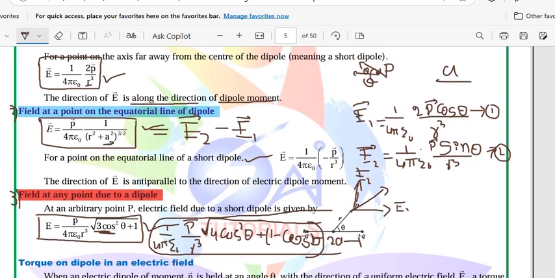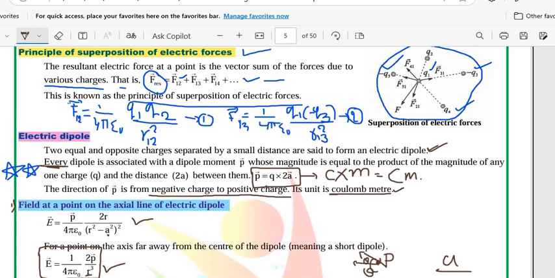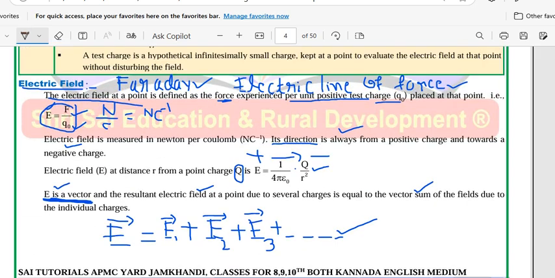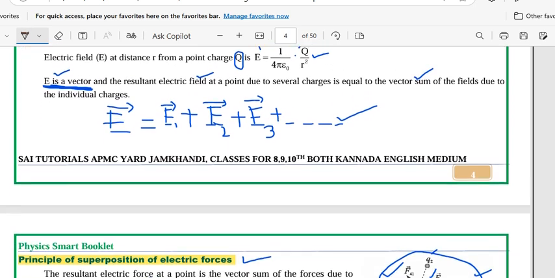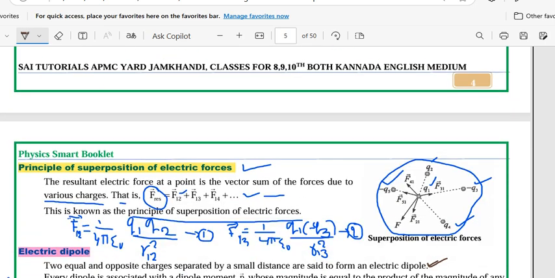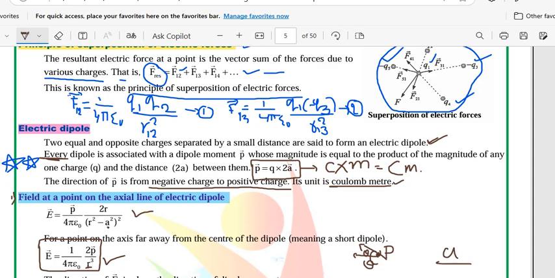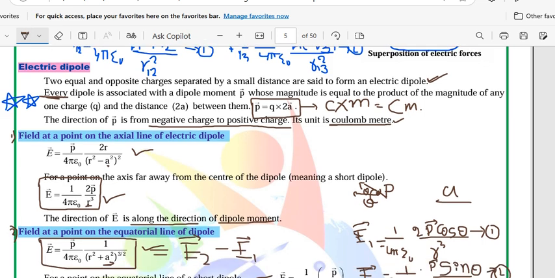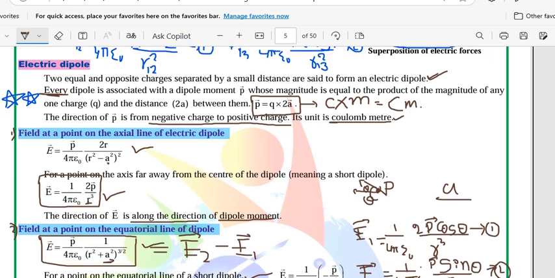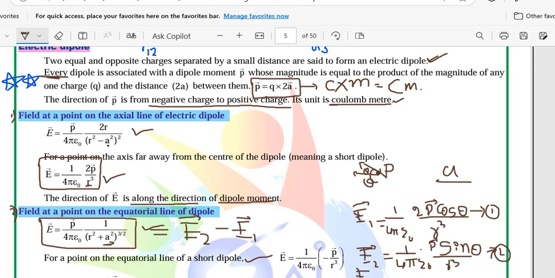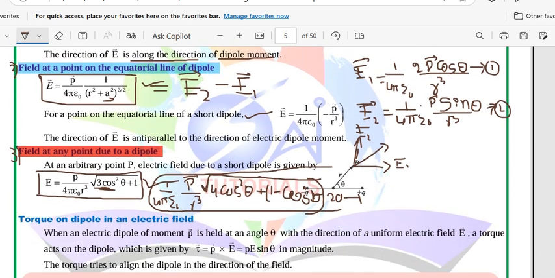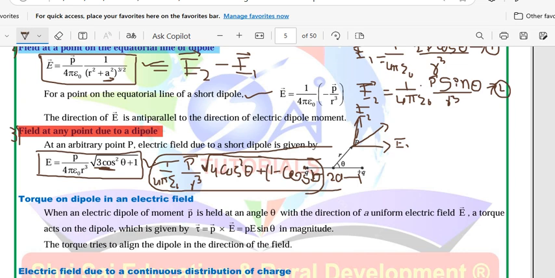So dear students, I hope this concept is very clear today. In today's session, we have discussed the electric field and the principle of superposition of electric forces, the electric dipole, what an electric dipole is, the electric dipole moment, and the applications related to electric dipoles: the field at a point on the axial line of an electric dipole, the field at a point on the equatorial line of a dipole, and the field at any point due to a dipole.